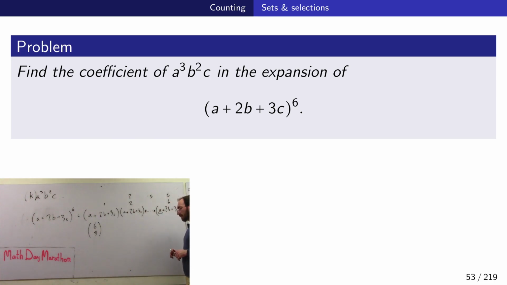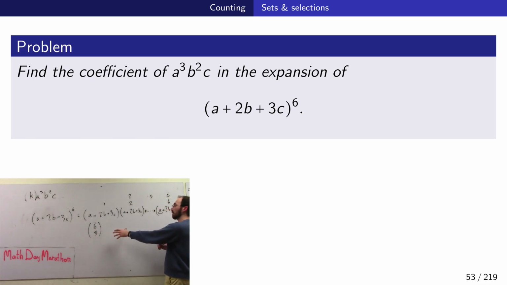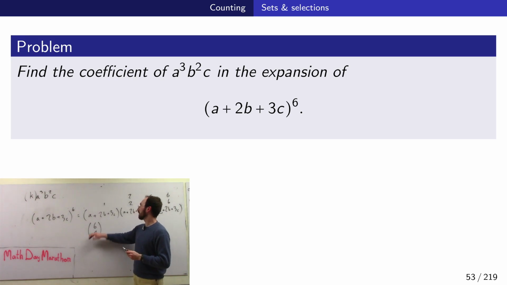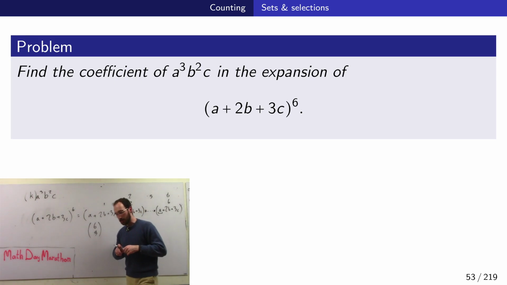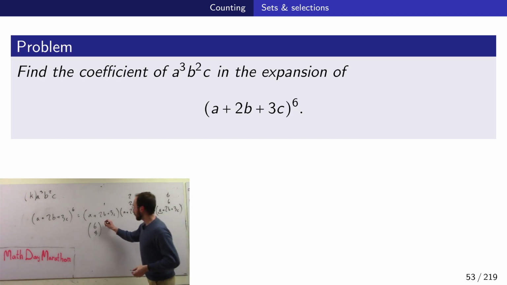So once I've done that, I am now going to pick my b's. I've already fixed 3 of these choices to be my choice of 3 a's. So I have 3 options left.